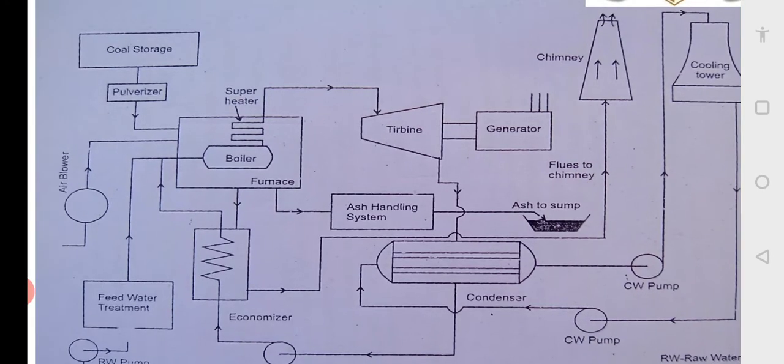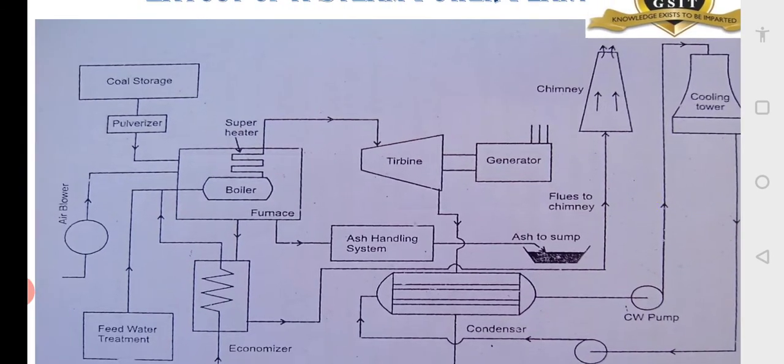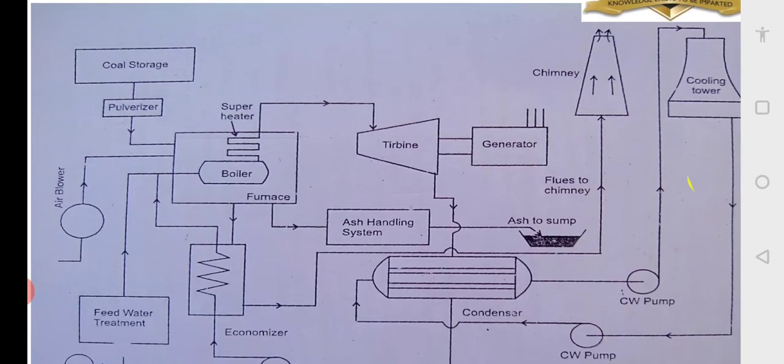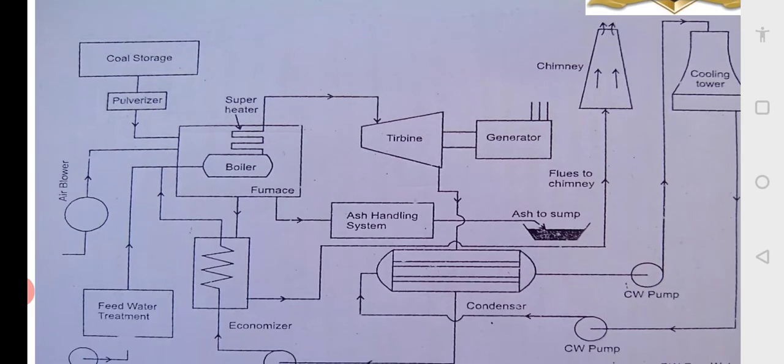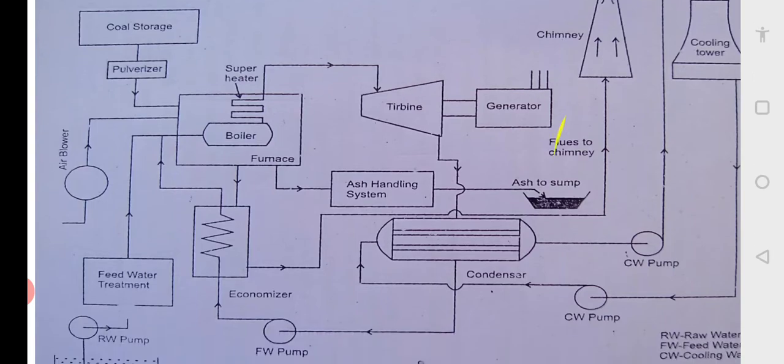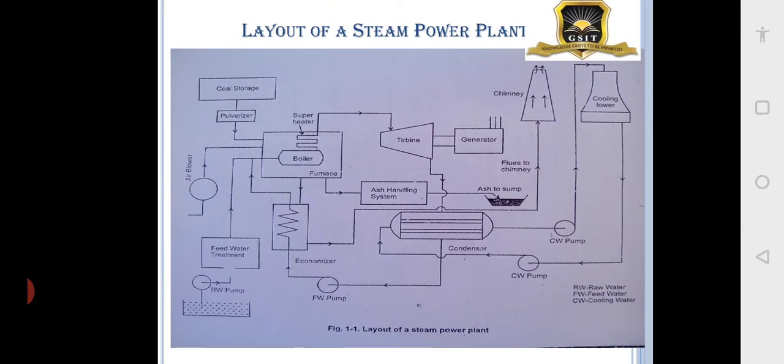And you can see from the condenser the water is sent to the cooling tower from the top, and from the bottom the cold water is sent back to the condenser for circulation. So this is a simplified diagram of a layout of a steam power plant. Whenever there is a talk on steam power plant, you should understand it works on a Rankine cycle.